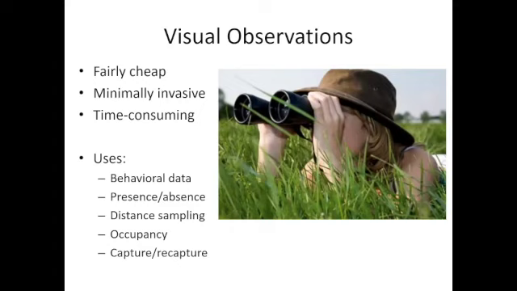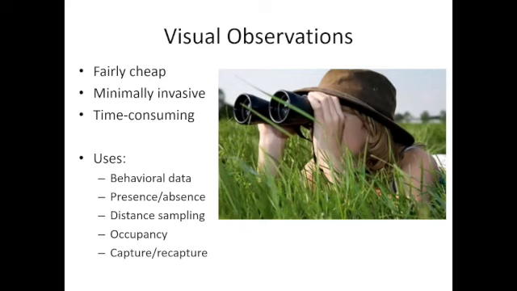Whereas with sign surveys, you're just looking for evidence of the species. Visual observations, these are classic with birders doing point counts and things like that, where you're looking at the species themselves. But the uses obviously get a little higher, where you can collect behavioral data on species, individuals, interactions, and habitat associations, but also you can go out and do surveys or point counts, for example, and collect presence-absence data.